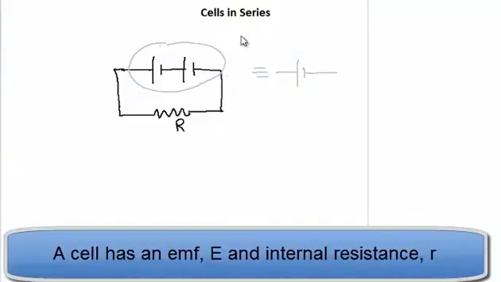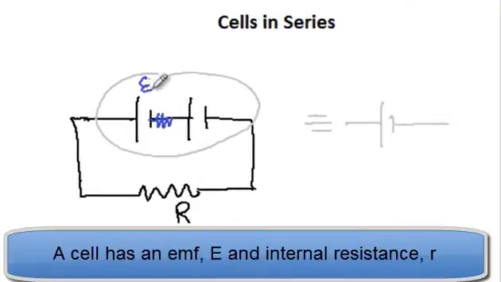Now you know that a cell also has an internal resistance. So say the EMF of this cell is E1, it also has an internal resistance which we'll denote by R1, and the second cell, let's say it has an EMF of E2, so it has an internal resistance of R2.